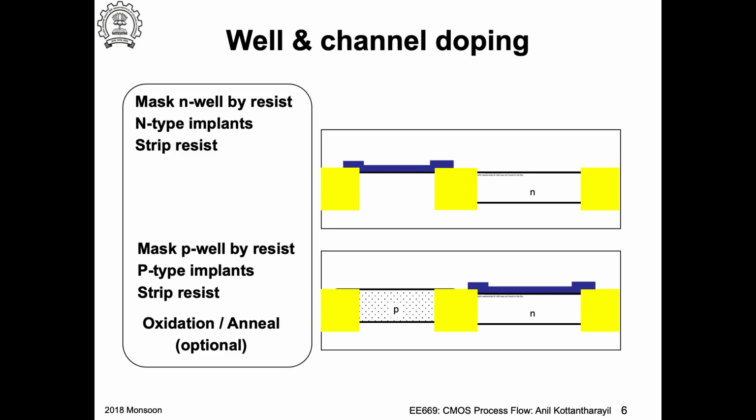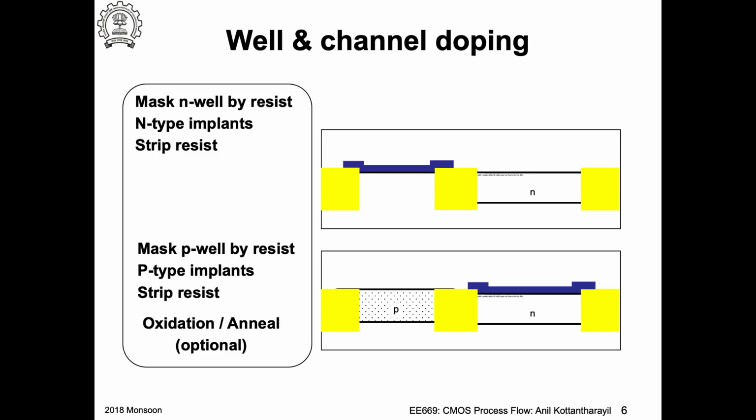Okay, so to create the N well, you do a lithography. You spin coat the photoresist and then use a mask to expose the photoresist, and when you develop it, the resist remains on the regions which you have designated as P well, and the rest of the wafer surface is exposed.